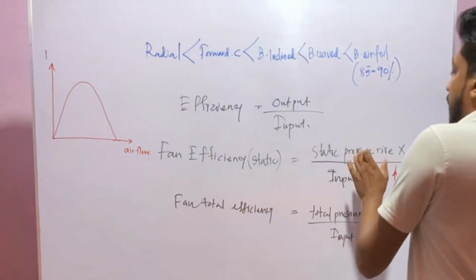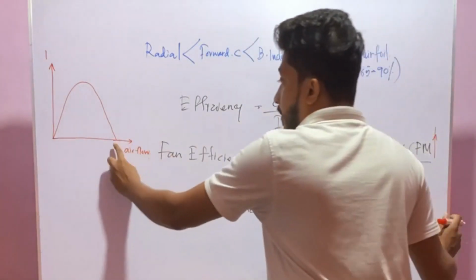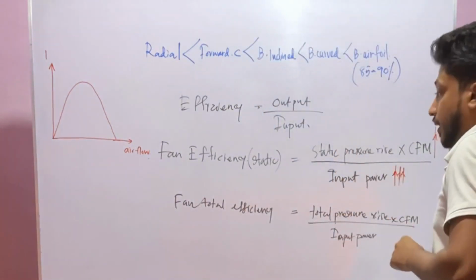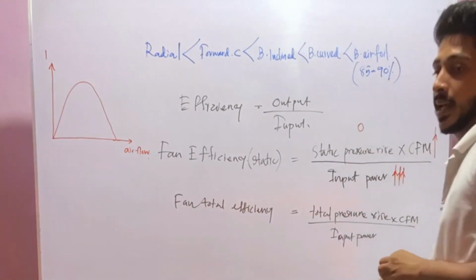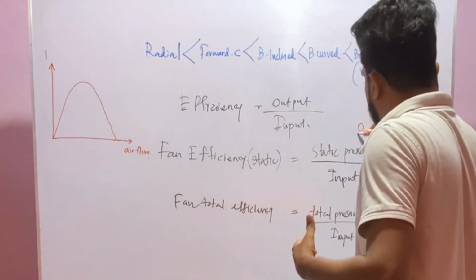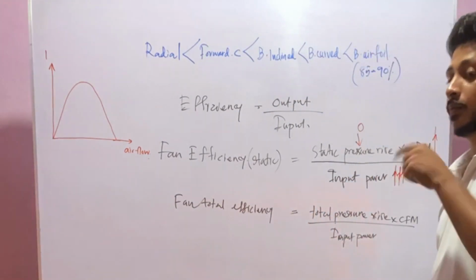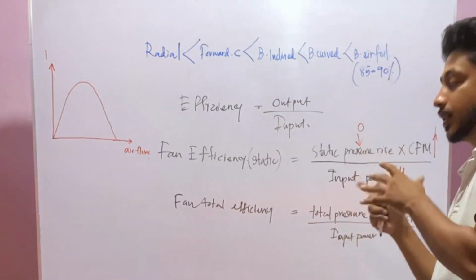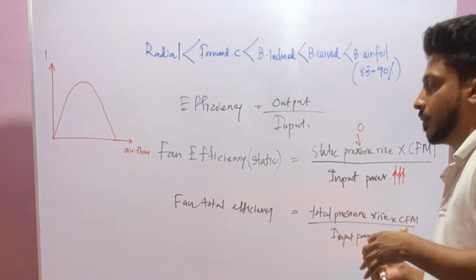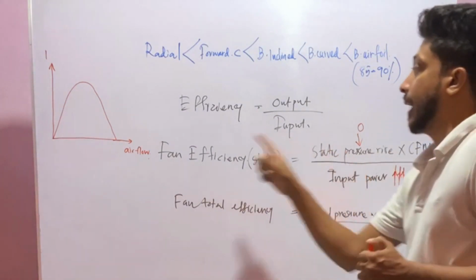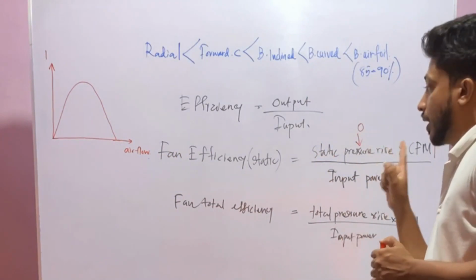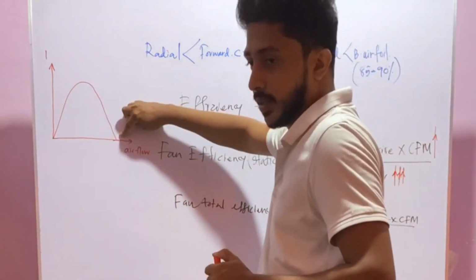And at the maximum airflow, static pressure is 0. Why? We are going to learn that when we are doing fan curves. But for the time being, let's consider that at the maximum airflow, theoretically, static pressure is 0. Because of that, fan efficiency is 0.